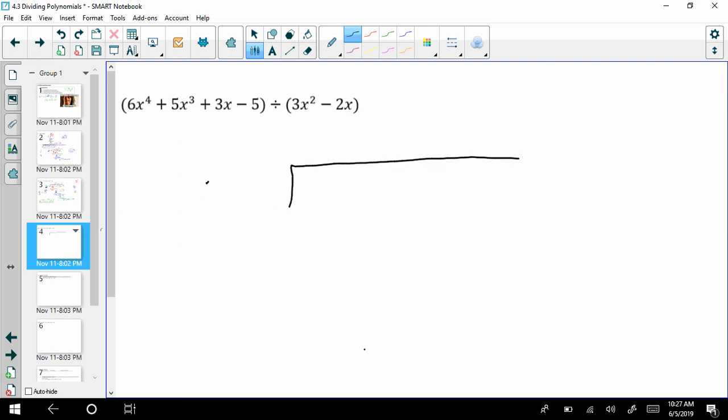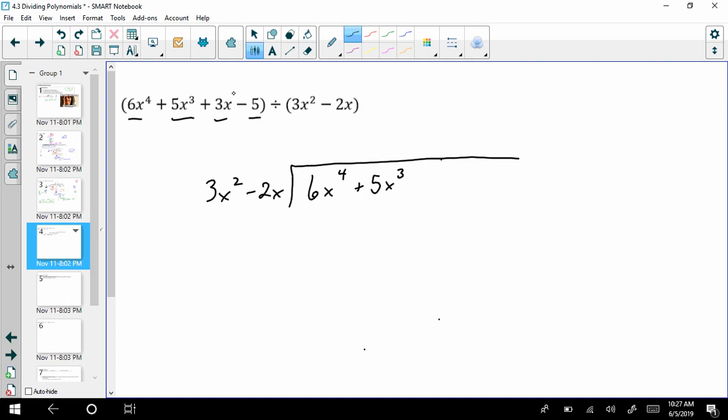So out front, I'm going to have my 3x squared minus 2x. Now this one's kind of a trick, because notice it is written in standard form, decreasing order of the exponents, but something's missing. So if I start, I have my 6x to the 4th, I have my 5x cubed. Notice though there's no x squared term.